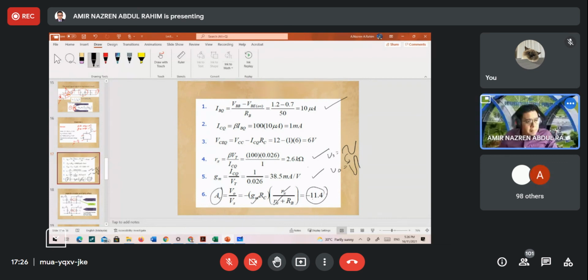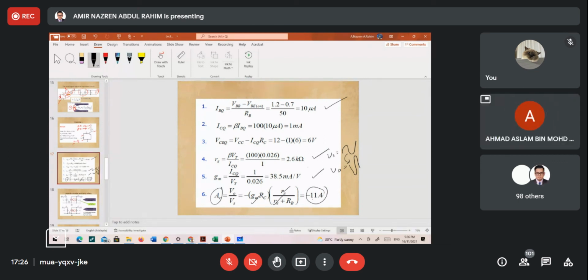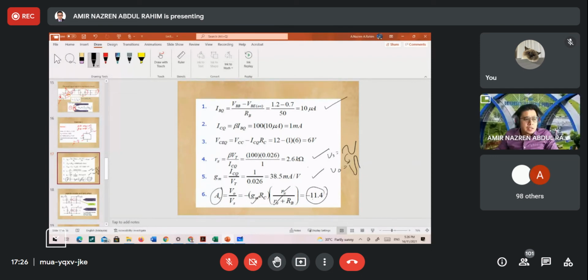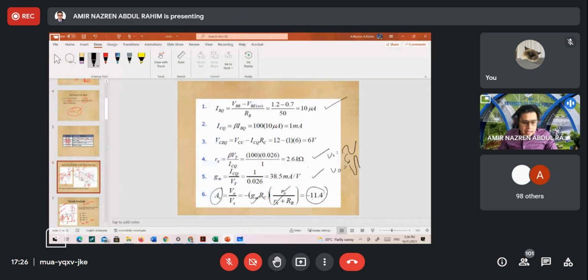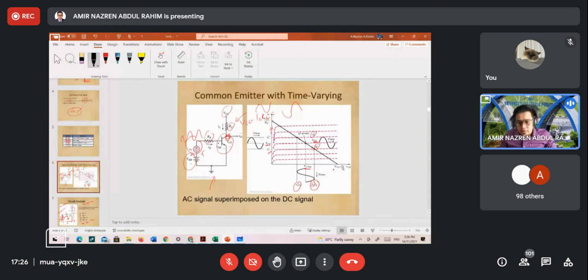Ya, yeah. Saya nak tanya, boleh IC dengan ICQ tu dia sama? Sama. Kalau kita kira IC biasa tu, hak yang kita kira tu, hak tu lah ICQ. Q tu kan the quotient yang kita letak di load line kita.